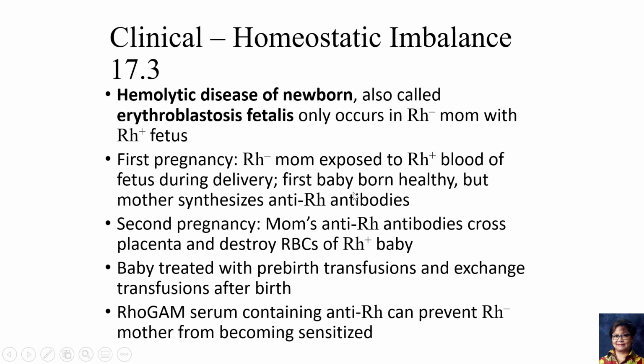Therefore, throughout your entire pregnancy, if there's accidental mixing of the fetus's blood into your bloodstream, you are exposing yourself to the Rh positive agglutinogen. Now, because you are Rh negative, your white blood cells will recognize that you are receiving Rh positive agglutinogens and will start to produce antibodies against them.